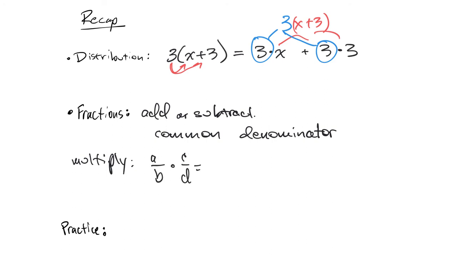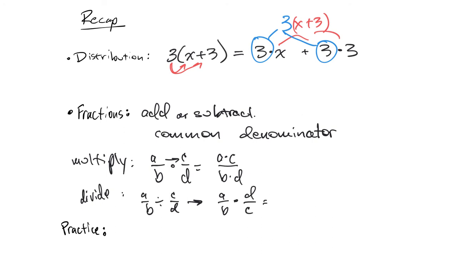So I get a over b times c over d is the same as a times c over b times d. When we divide, if I have a over b divided by c over d, that's the same as a over b times the reciprocal of c over d, which is d over c, which becomes, for multiplication, a times d over b times c.